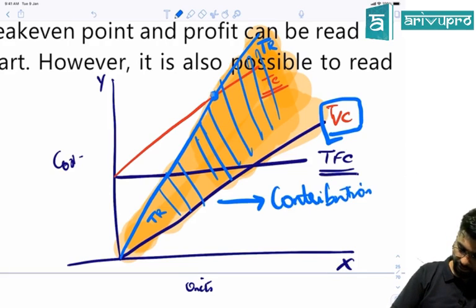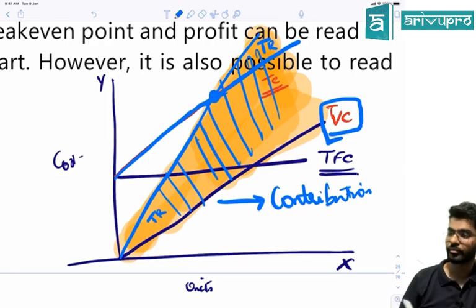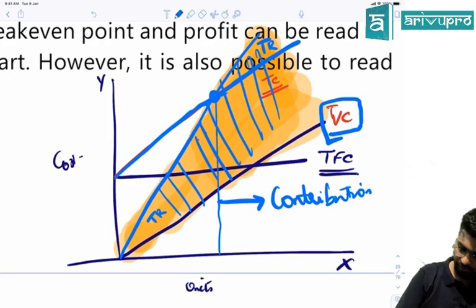See this point. This is my total cost, correct? At a point where my revenue matches total cost is what? This is my break even point in units.